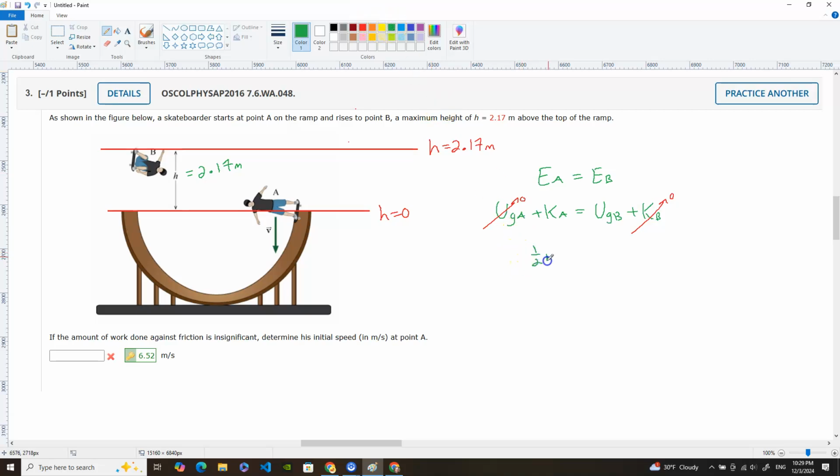This quickly manifests: 1/2 m v_A squared equals mgh for position B. Galileo was right, mass doesn't matter. 1/2 v_A squared equals 9.81 times 2.17. Algebra happens, v_A is 6.52 meters per second.